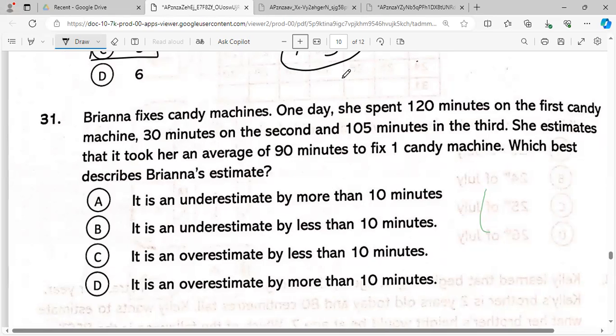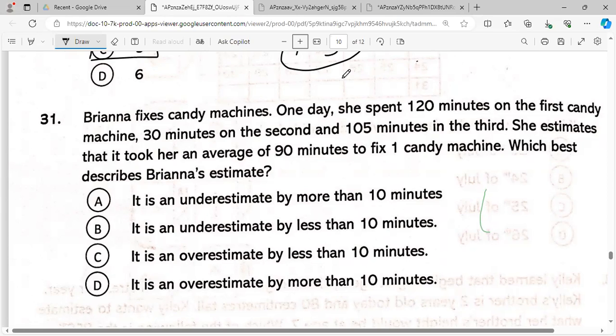All right. Excuse me, sir, I disagree. All right, give us your solution. Okay, sir. When you find the correct average, it's actually 80 minutes to fix one candy machine, sir.